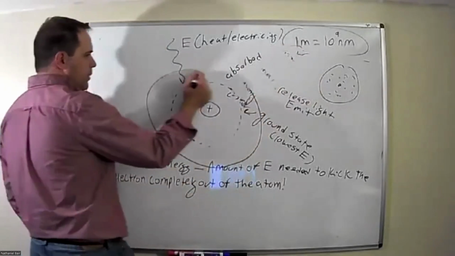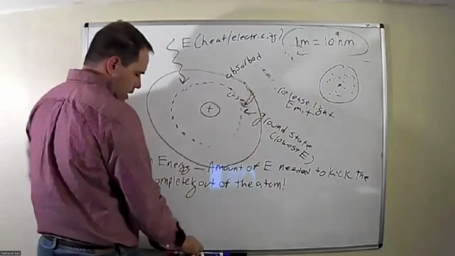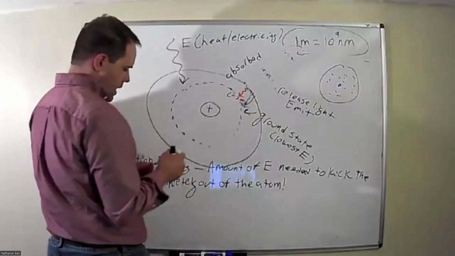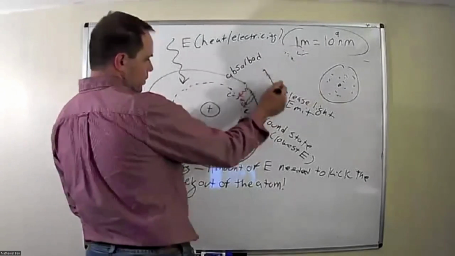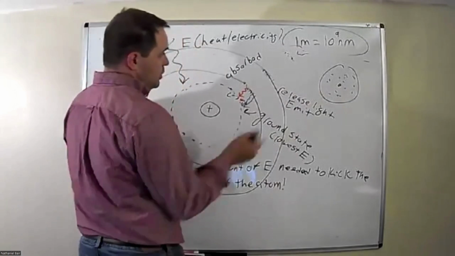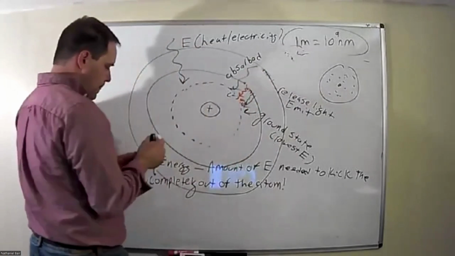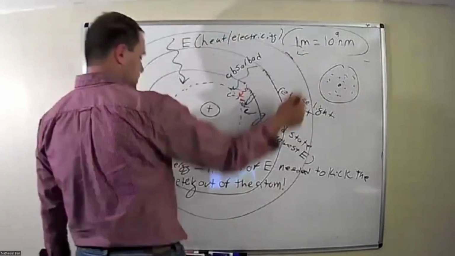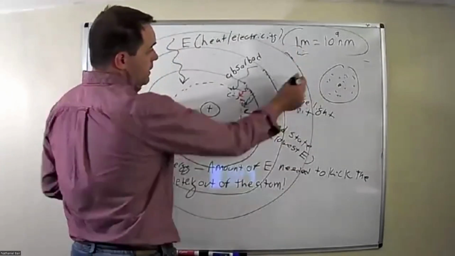If I'm only getting that red line, I must have only sent the electron here. Okay, and if I'm only getting this aquamarine line, then that would correspond to the electron being sent here. And then if I get a violet line, then that would correspond to the electron being sent here.